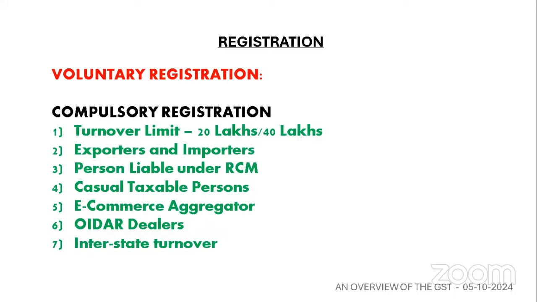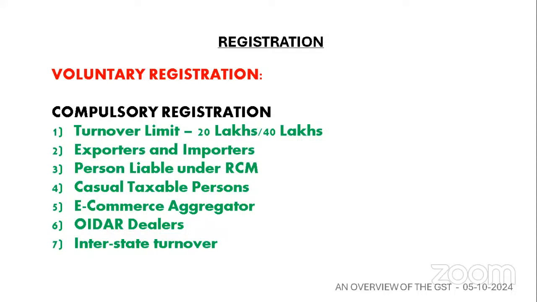Now, the voluntary registration. Say for example, your turnover is only 5 lakh rupees in a year. So many people will ask us, anyway, the limit is 20 lakh rupees. I have taken registration. My turnover is only 5 lakh rupees. Am I exempt from payment of tax till 20 lakh rupees or 40 lakh rupees?